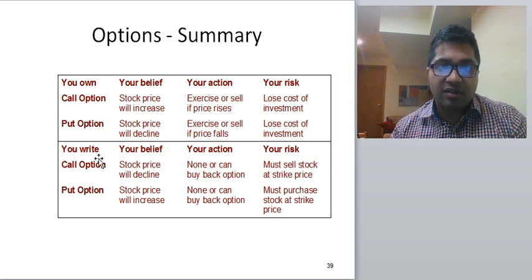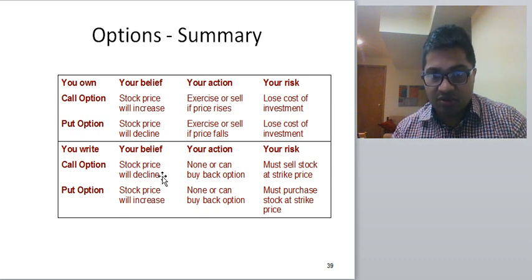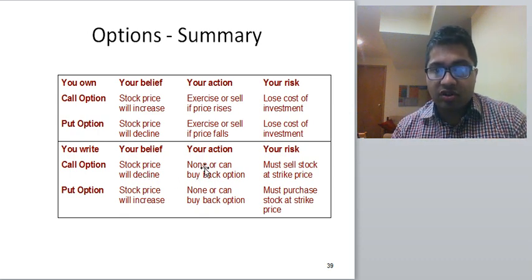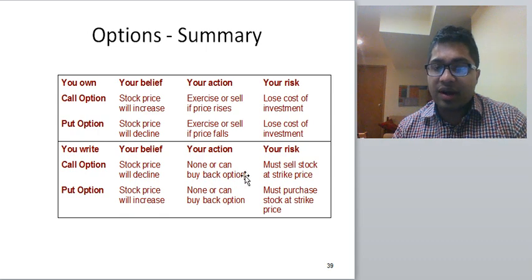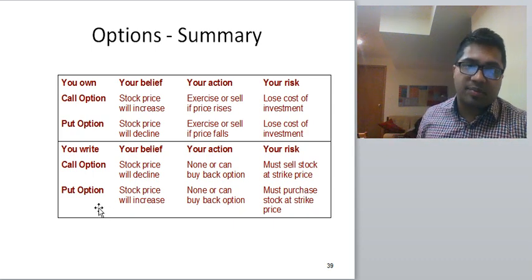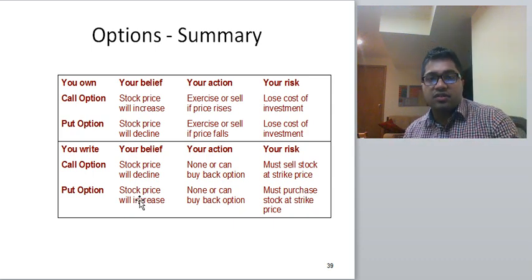As a writer of a call option, your belief is the stock price will decline. Your action is none, or you can buy back the option. Your risk is you must sell stock at the strike price no matter what the price is. Put option, stock price will increase is your belief.